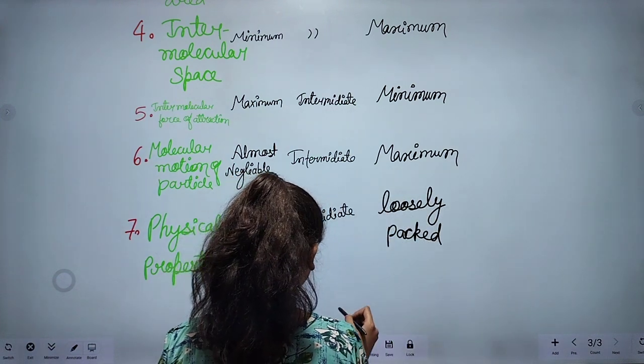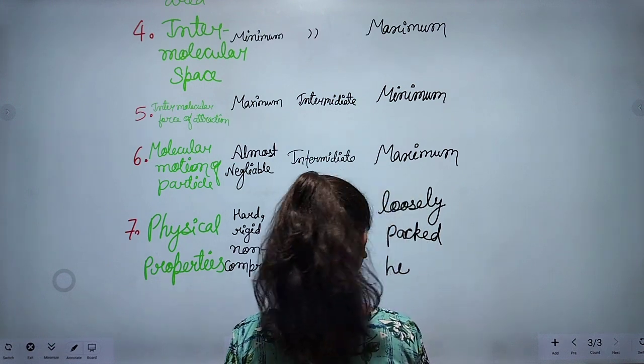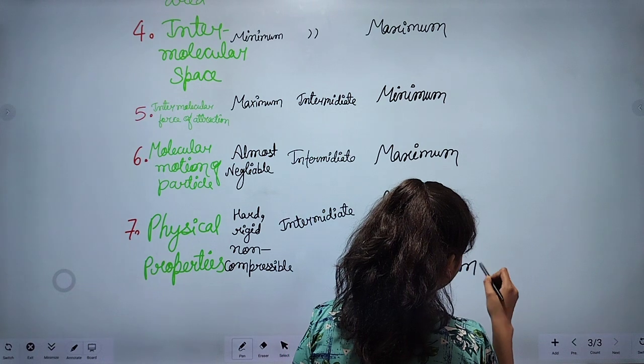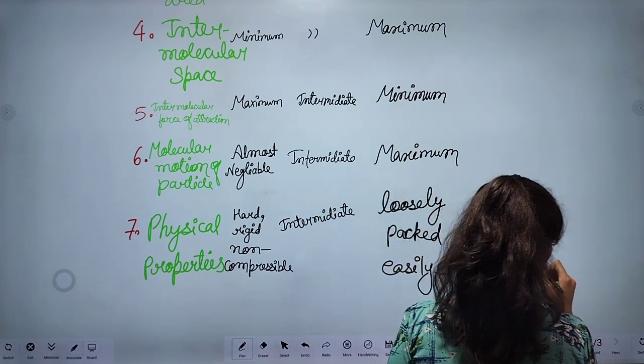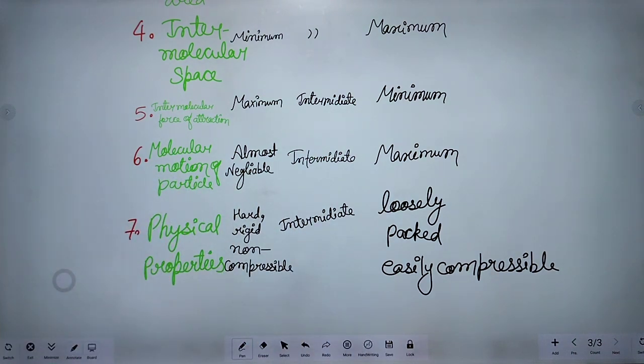Okay, and it can be compressed easily, compressible. Okay, so these are the physical properties of solid, liquid, gas. Gases are loosely packed, easily compressible. Okay, but solids are hard, rigid, non-compressible.